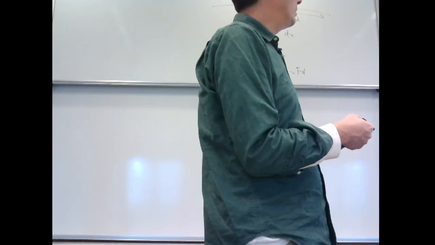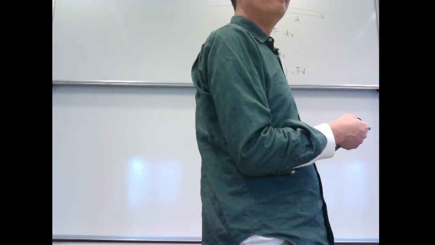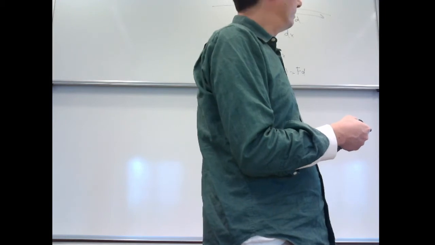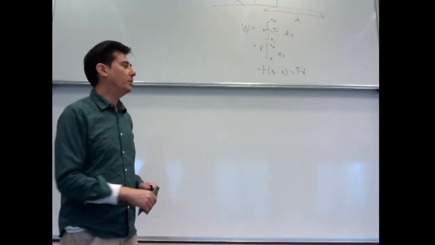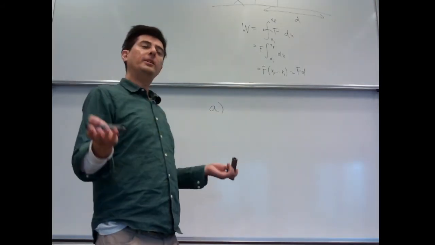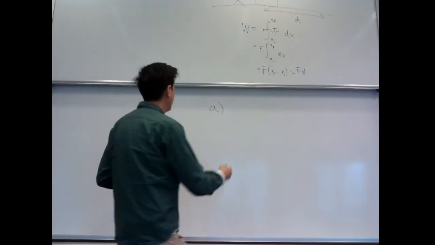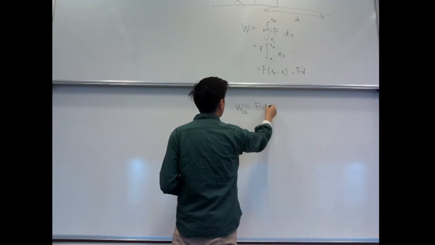So what would be the work for Steady Bob? First, I'm just asking for the general formula. If you've got the force and it goes through a distance, what's the work? Yeah, just F times d, right? So in this case, the work by Steady Bob is F times d.